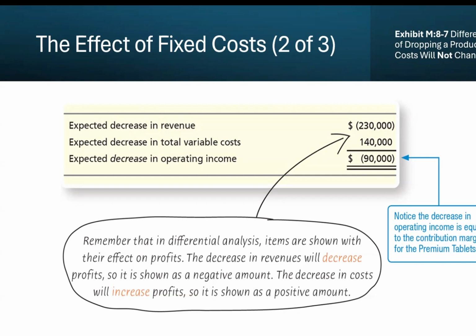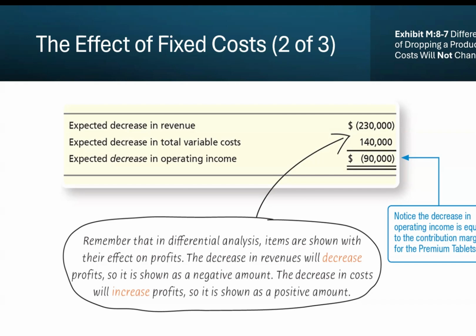Notice here that the decrease in operating income is equal to the contribution margin for the premium tablets. You remember the $90,000? In differential analysis, items are shown with their impact on profits.